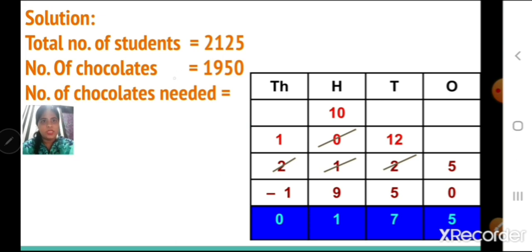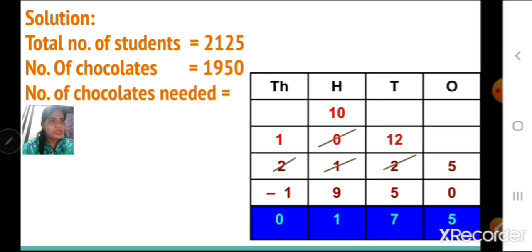Total number of students is equal to 2,125. Number of chocolates is equal to 1,950. Now number of chocolates needed. How much chocolate do they need more? How will we find it? By subtracting. 2,125 minus 1,950. Okay children, here I have solved it.